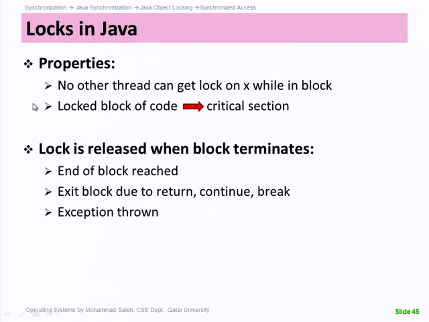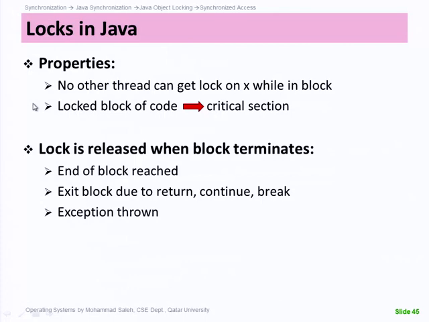And the releasing of the lock is done by leaving the synchronized block. That can happen for various reasons, including that we have reached the end of the block, so you reach the closing curly bracket, or there was an exit due to return, continue or break, or an exception was thrown from within the synchronized block.